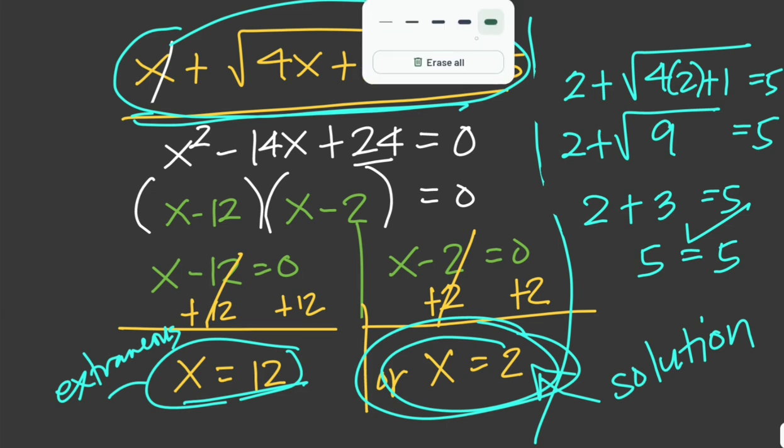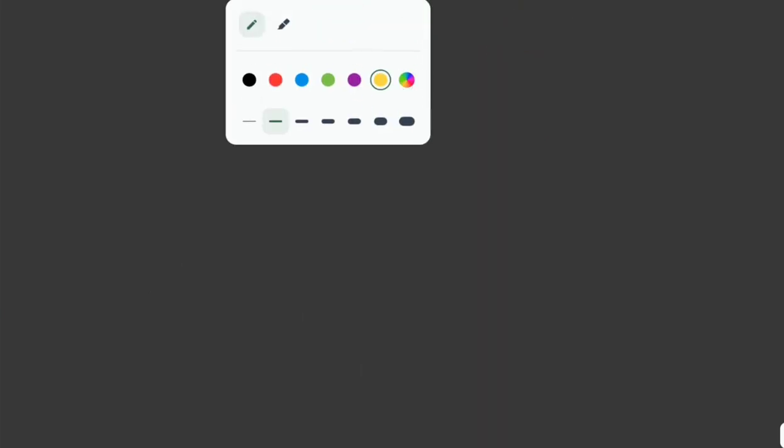Now let's solve some more problems. How about if there is more than one square root in a problem? Then we will just have to clear the roots one at a time. So this means we must first isolate one of them before we square both sides.